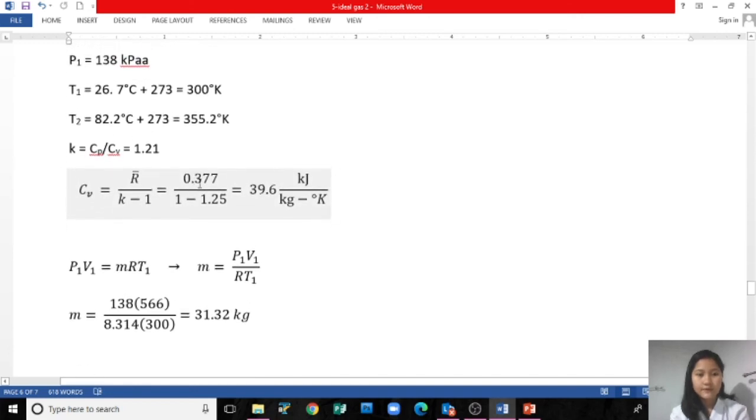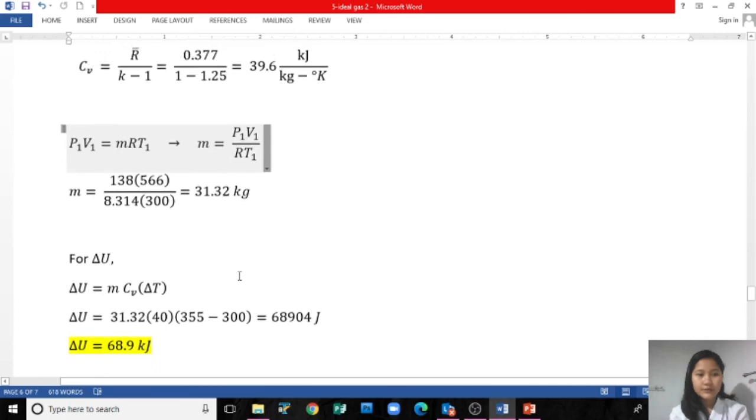And the value of the universal gas constant is 0.377 kilojoules per kilogram degree Kelvin. So for the formula operation, CV is therefore equal to 39.6 kilojoules per kilogram degree Kelvin.